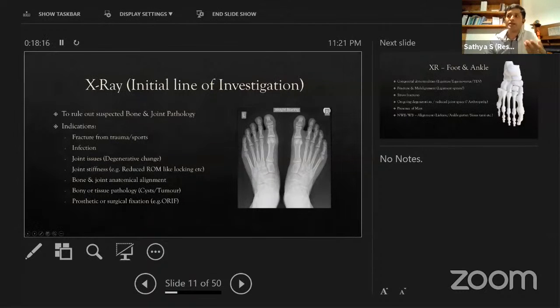And bony and any tissue pathology, if there is any cyst, any tumor, for example a schwannoma or a fibroma happening at the plantar fascia, fibromas or fibromatosis, you can understand through an X-ray whether there is any problem evident or present. If there are any surgical fixations done, any screws, any open reduction internal fixation, or any other methods of management, which we're going to see in the next few slides.